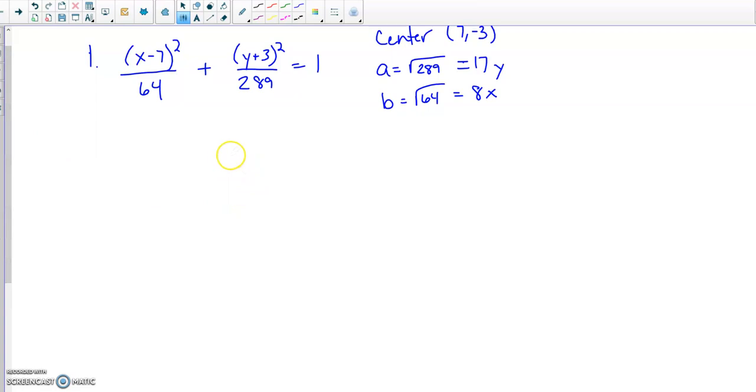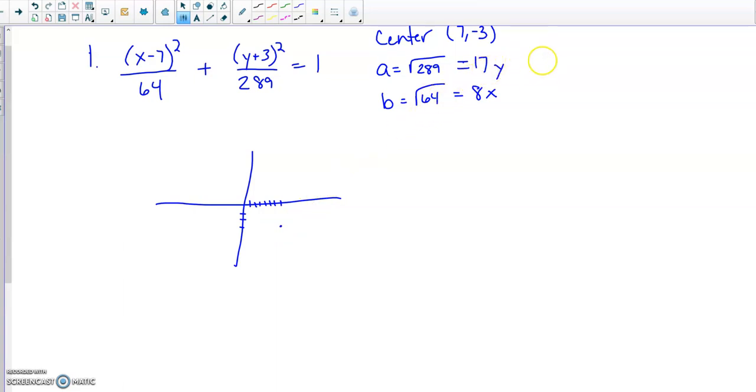Okay, so let's do some graphing. I'm going to apologize because it's not going to be pretty, but I'm trying. Center 7, -3.